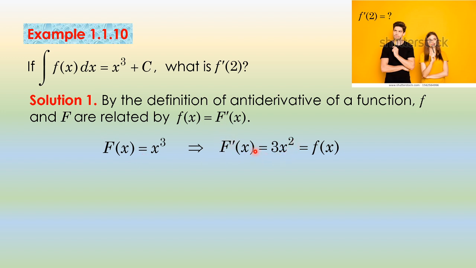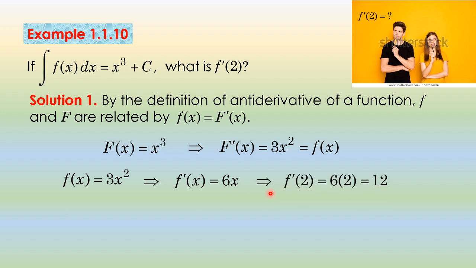So big F prime of x is equal to 3x squared, so that is equal to small f of x, from which we can now get its first derivative, which is 6x. So getting the value of small f prime of 2, we have 6 times 2, which is equal to 12. Therefore, f prime of 2 is equal to 12.